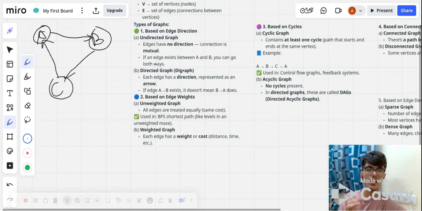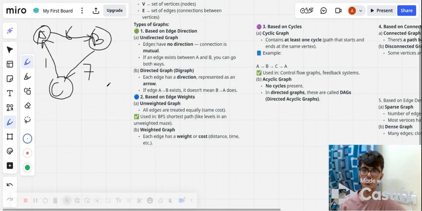If I add some numbers here, 6, 7, 7, 1, then this becomes a weighted graph. These weights could be negative as well. We'll learn about that in detail in the upcoming videos.